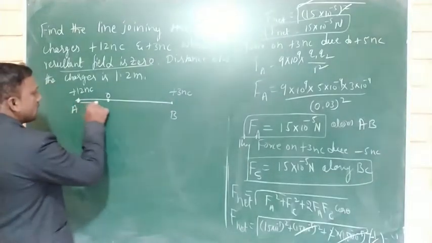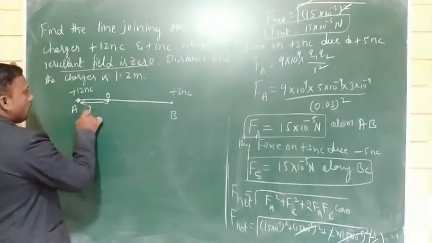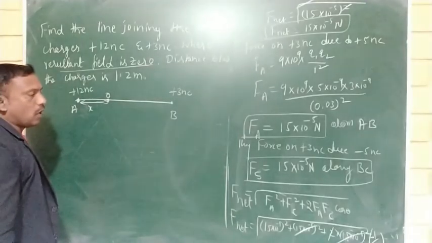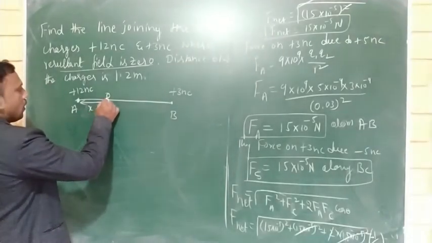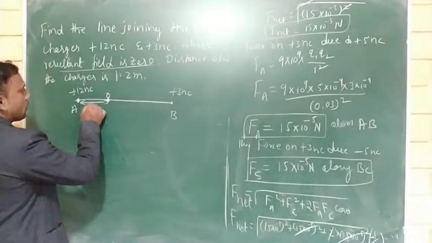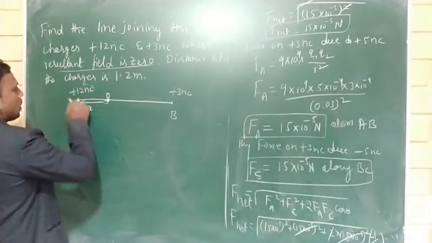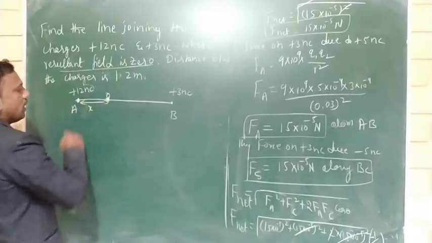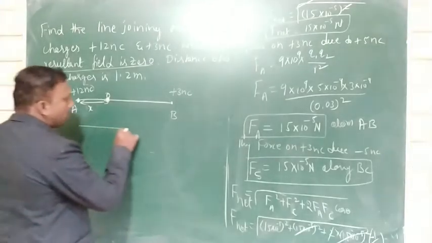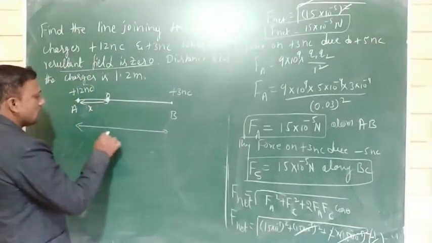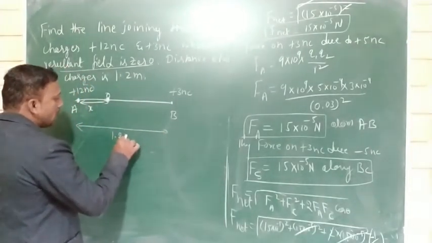It is at a distance x from the plus 12 nanocoulomb charge, and at this point the resultant electric field is 0. The total separation between the two charges is 1.2 meter.